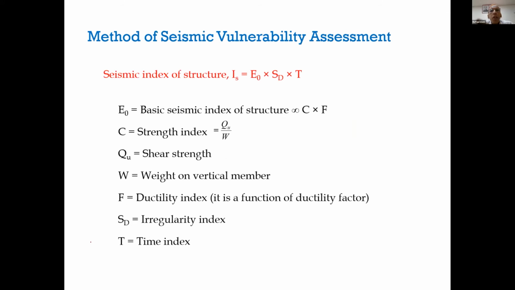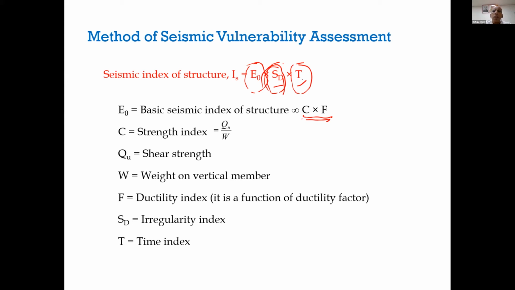So the method of seismic vulnerability is first to calculate the seismic index of the structure. This is the E0. E0 is the basic seismic index of the structure, that is the multiplication of C into F. This capacity is later modified by the irregularity index SD, and this is the time index T. If there is any irregularity, it is modified, and this value is usually less than 1, and T is the time index.